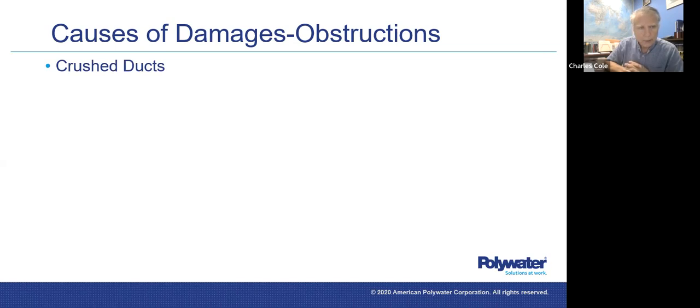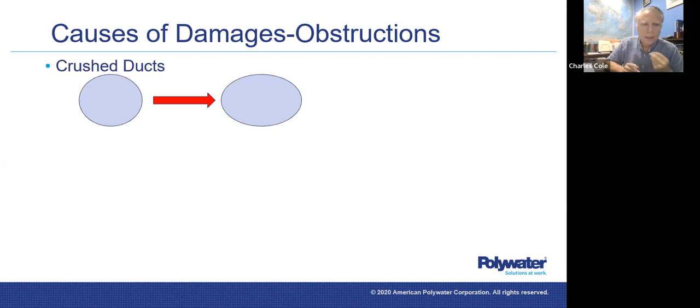By crushed duct, we're talking about a duct that's buried underground, but because of the weight of rocks or anything else above the duct itself, you can get ovalization, as you see here.